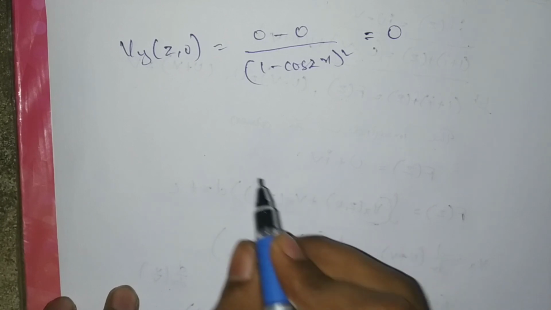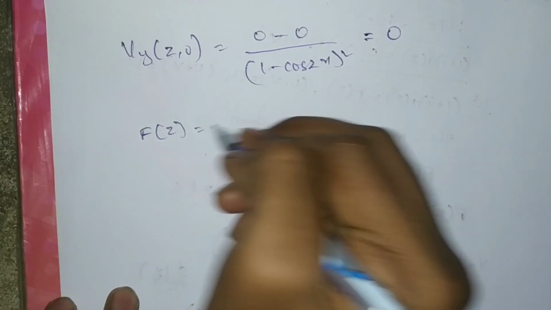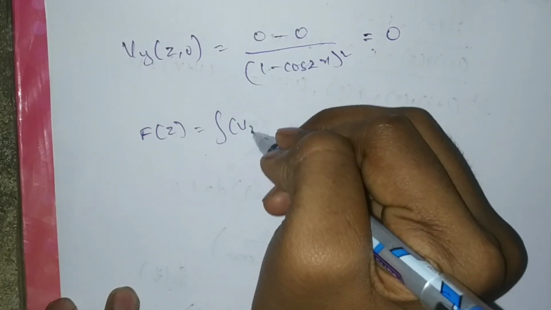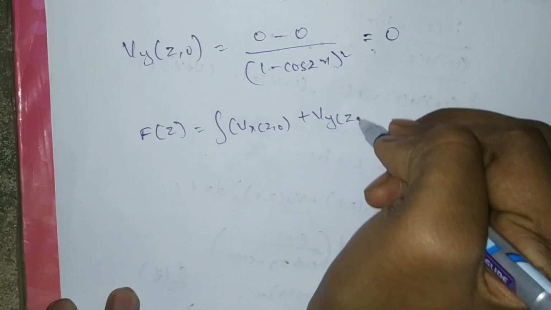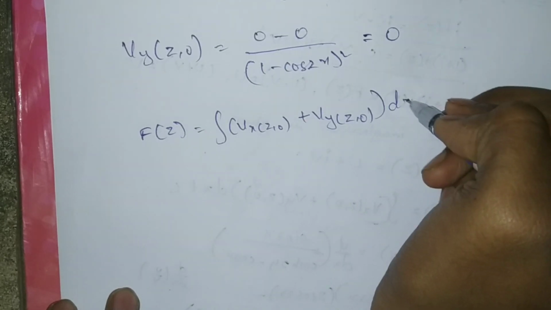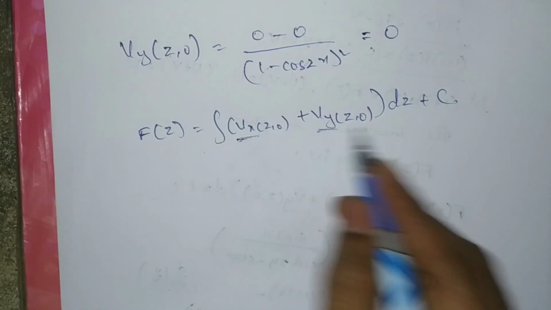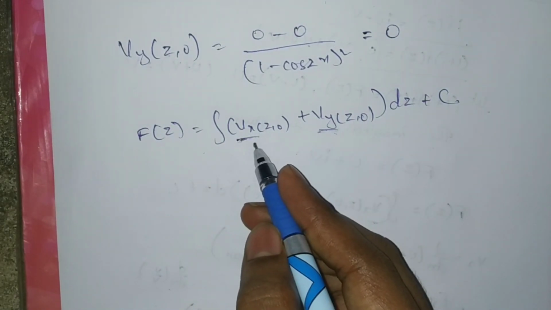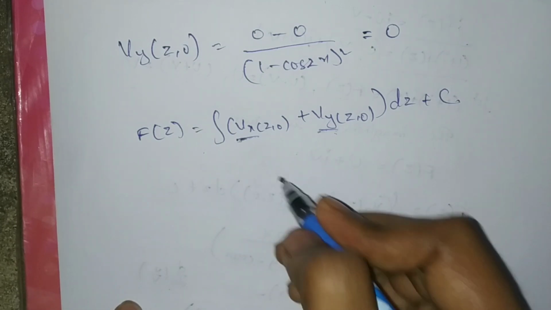Since the imaginary part is given, the formula is f(z) = ∫ [vx(z,0) + vy(z,0)] dz + c. We have to substitute vx and vy here. vy is 0 and vx is minus cosecant square z.